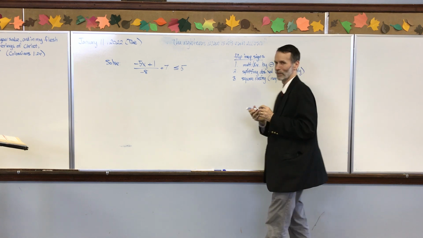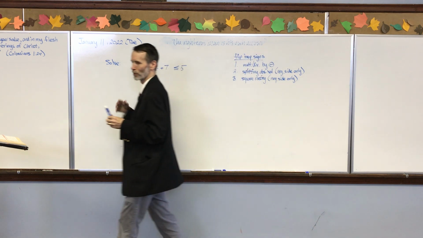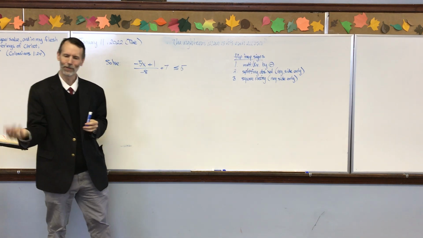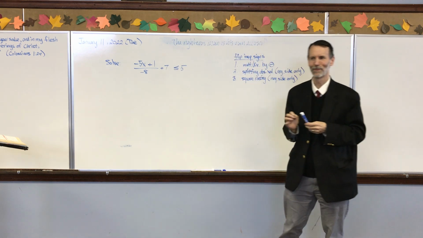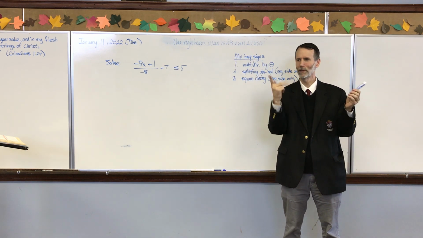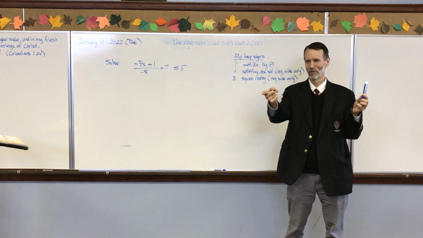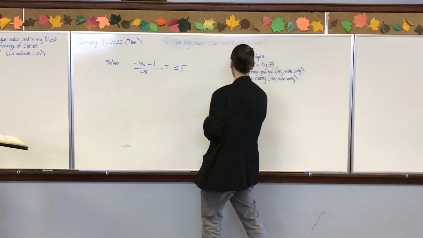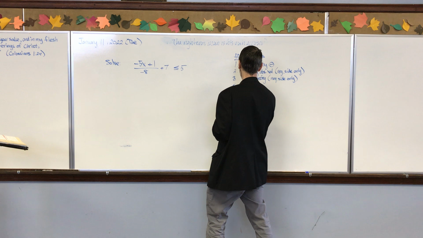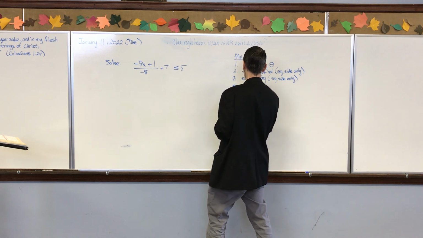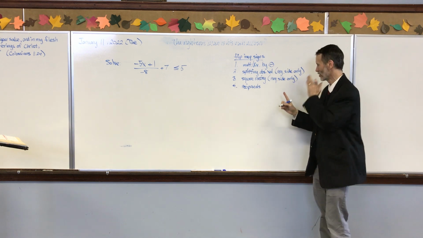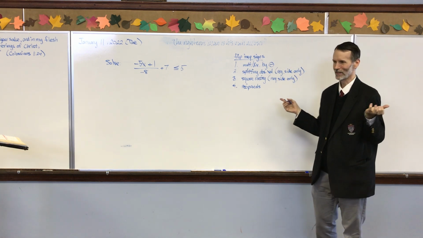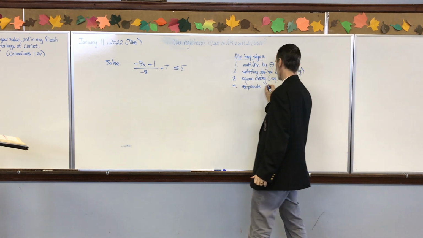And last year, or the year before, whenever you had me, there was a fourth thing, which we did not cover last year, but we are going to touch this year. You remember? There's one more thing that will flip inequality signs. What's that? Reciprocals. Taking the reciprocal of both sides. That you don't need to do negative side only, because there isn't a negative side. But there's a bit of a caution.